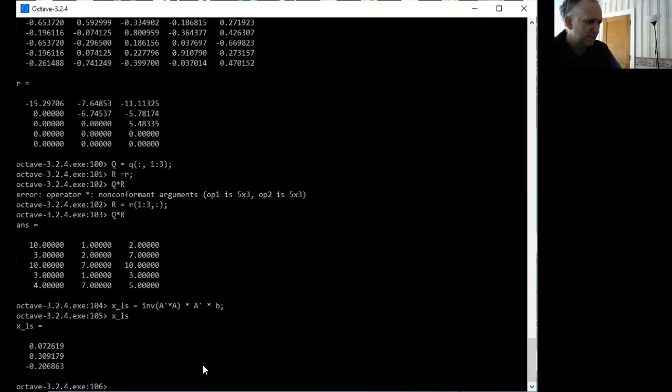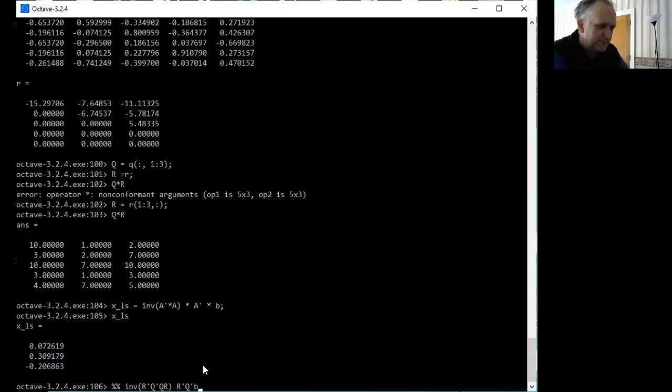I would get inverse of Q R transpose, so that would be R transpose Q transpose Q R, times R transpose Q transpose B. I'm not using real MATLAB here.